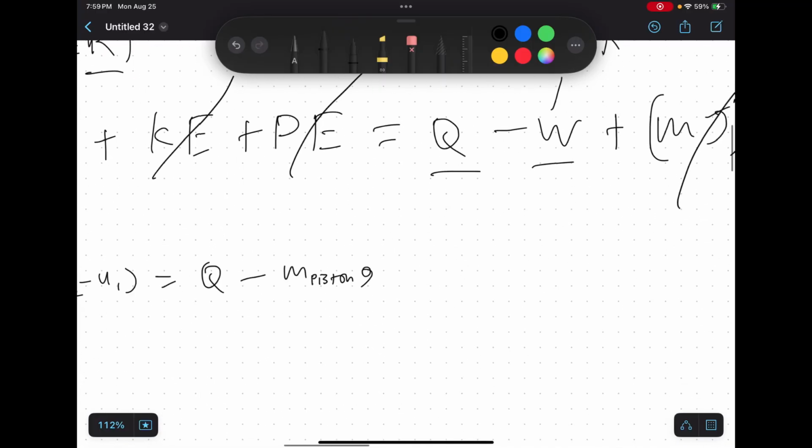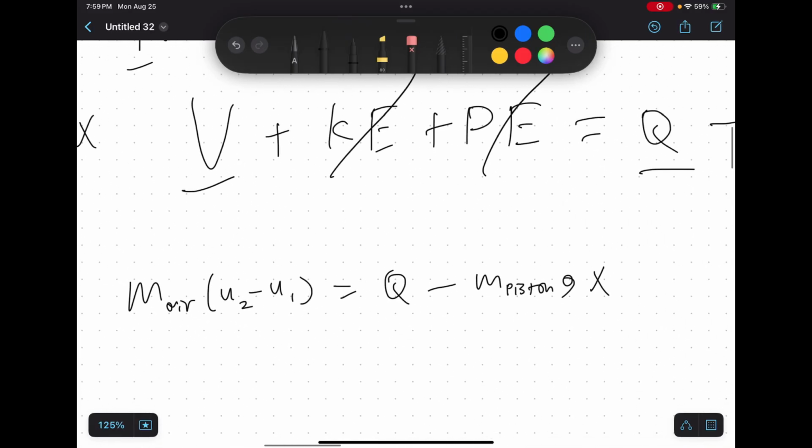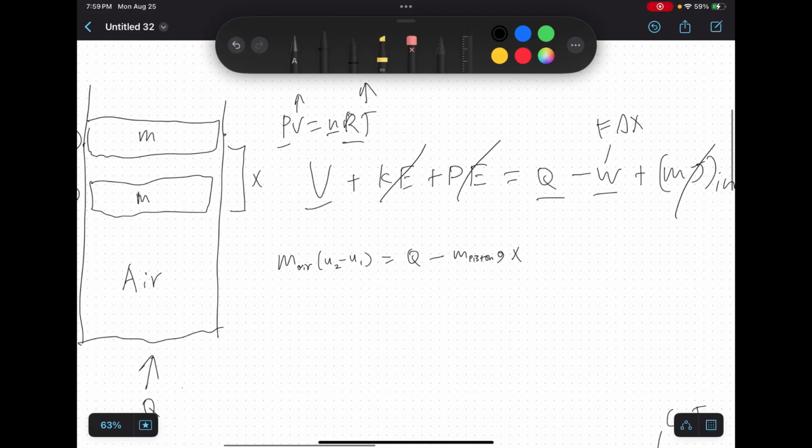So that's the force, and times X, let's just call it X, times this height. And that is it.